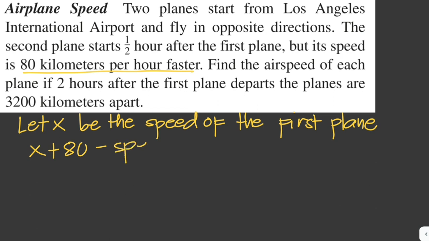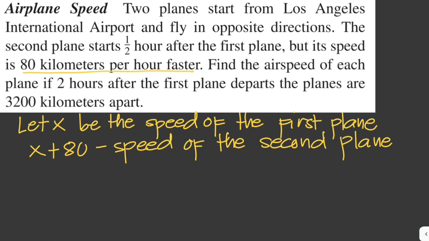This is the speed of the second plane. Alright, and for the travel time, the travel time of the first plane is 2 hours.